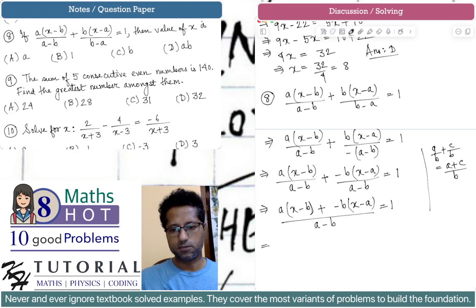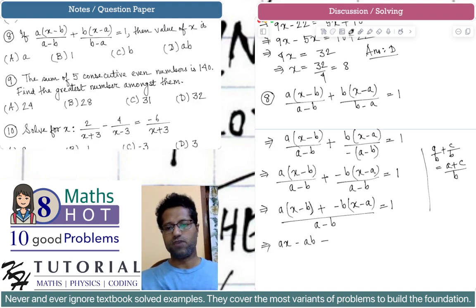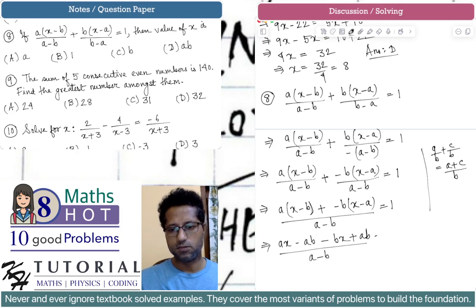Now this implies that if you do the two products in the numerator on the LHS, that is a into x minus b, if you do the product and open up the brackets, we get ax minus ab, we have minus bx and plus ab divided by a minus b is equal to 1.